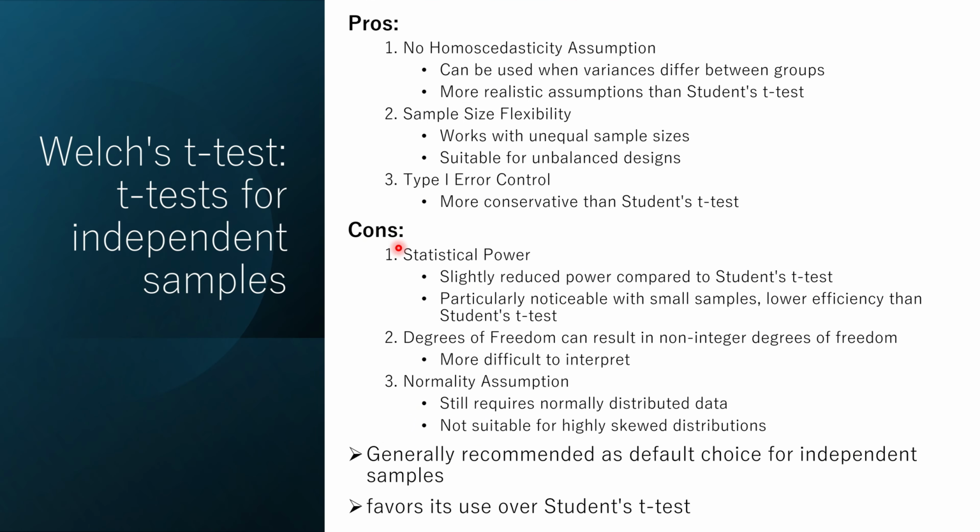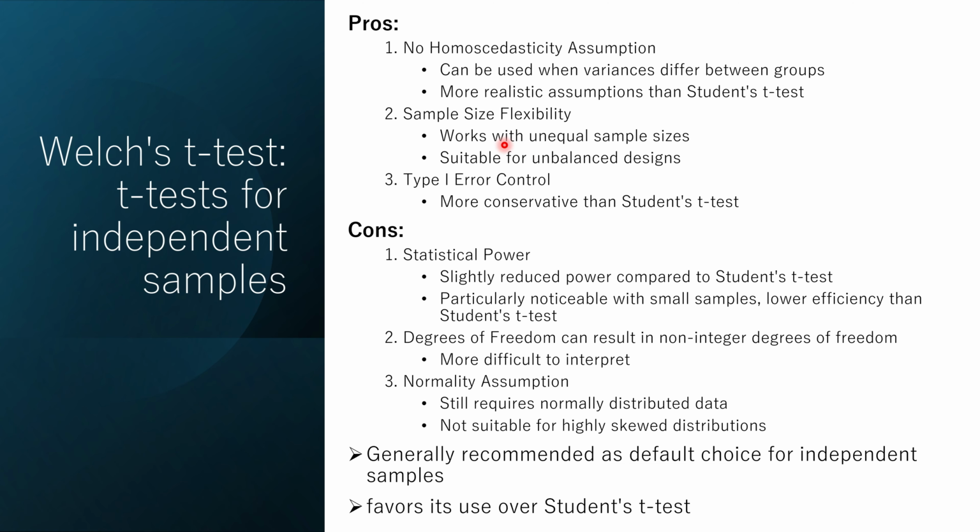These are the pros and cons of the Welch's t-test. Pros: no homoscedasticity assumption. This is the biggest pro. It also has sample size flexibility, a good point.